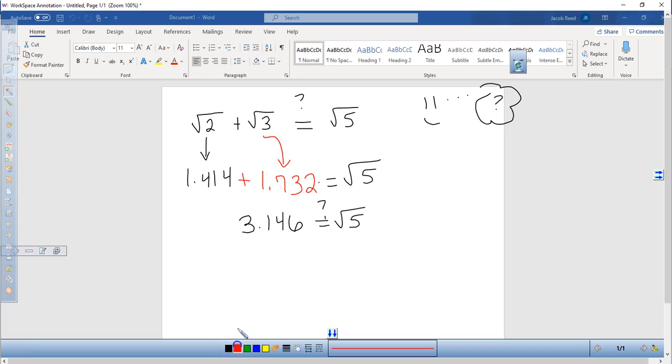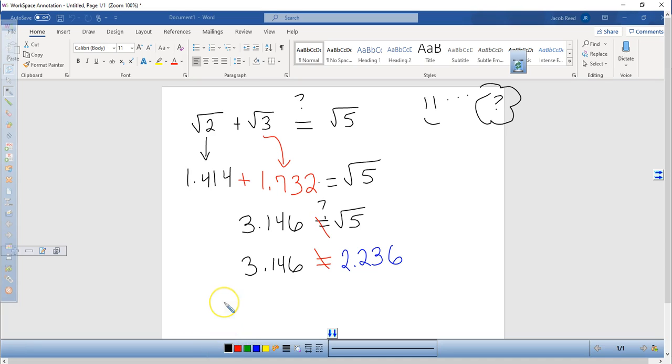The answer is no, it is not, because the square root of 5 is actually 2.236. That is not equal to 3.146. So this is like a little miniature proof showing you that you cannot just add what is under the radical and say that they're equal to some sum of these two radicals. It's not how it works.